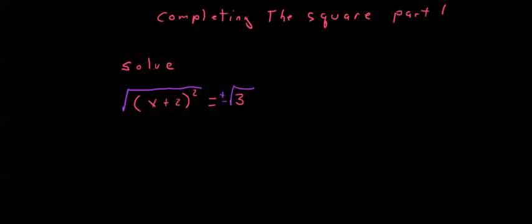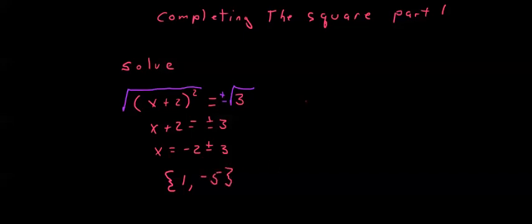We have x plus 2 equals plus or minus 3. Subtracting 2 from both sides, x equals negative 2 plus or minus 3.